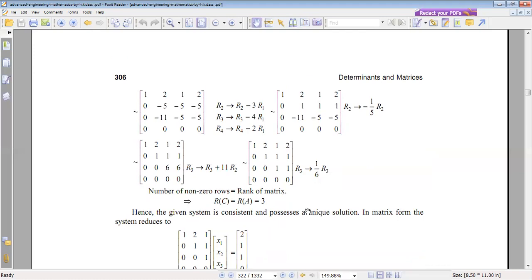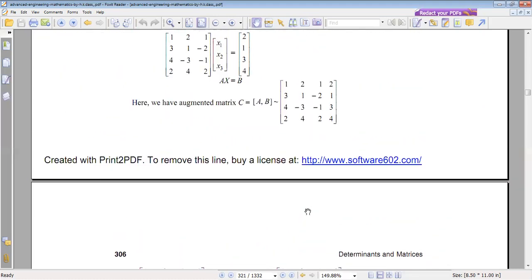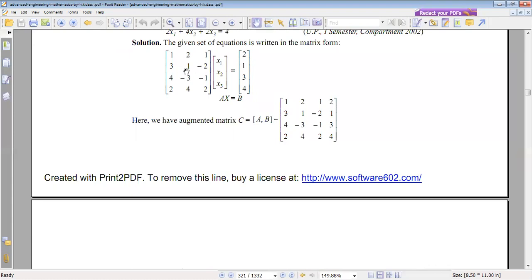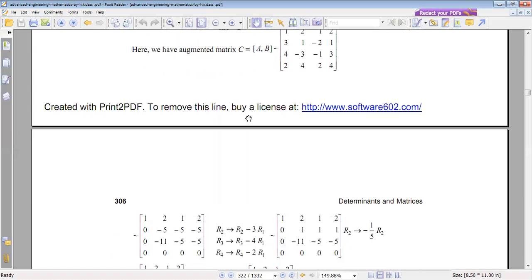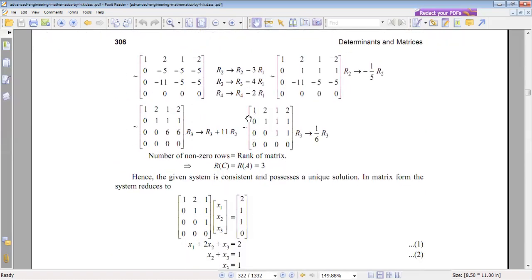Initially we got Ax equal to B. We transform the matrix A to that matrix and the matrix B to that matrix. Therefore, in place of A, we put this matrix.